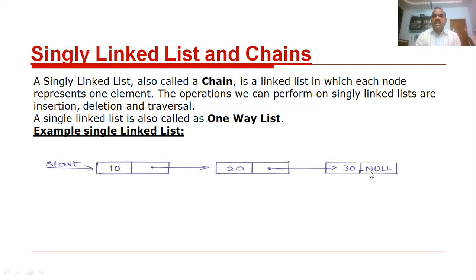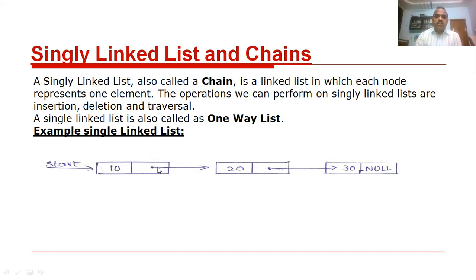Then this is also two parts. The first one is 30 and the link part. Then there is no next node, so we should assign null to the last node's next: last node's next equals null. Clear? So how many nodes are there? Here three nodes: 10, 20, 30. These are the data parts, the data elements.